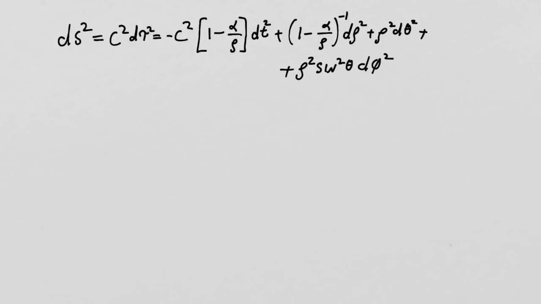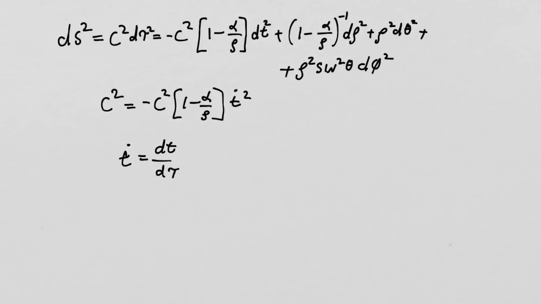unit interval. But if I divide everything by d tau squared, then what I would end up getting is c squared equals minus c squared times 1 minus alpha over rho, and then here I have t dot squared, where t dot is dt d tau, which is the coordinate time's change with respect to the proper time.